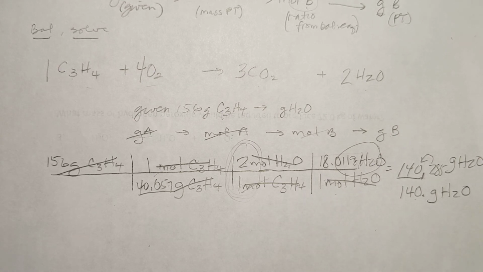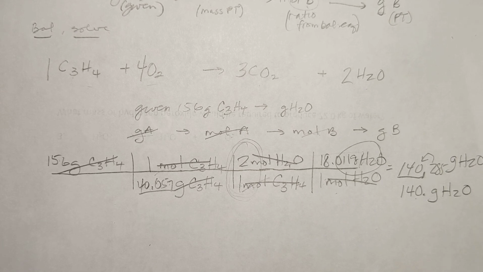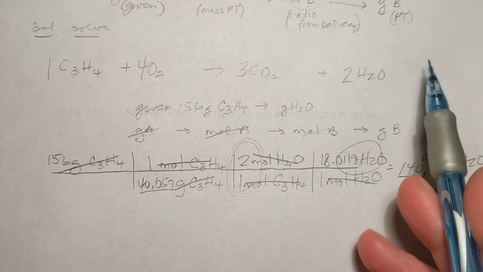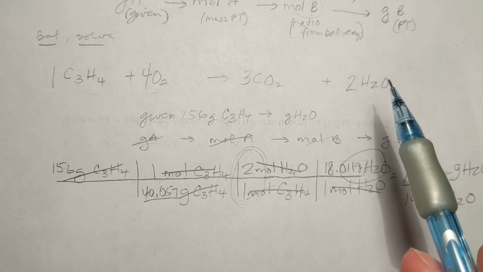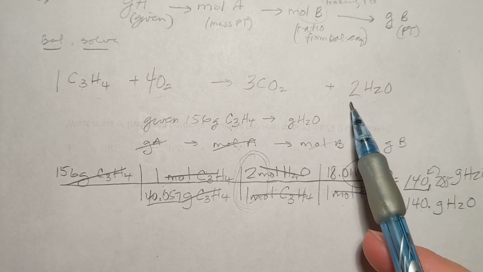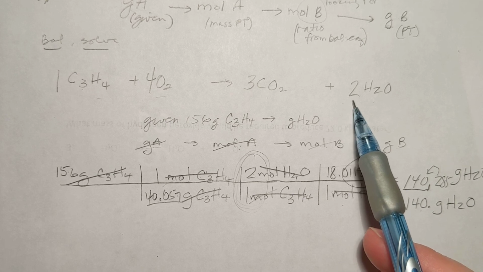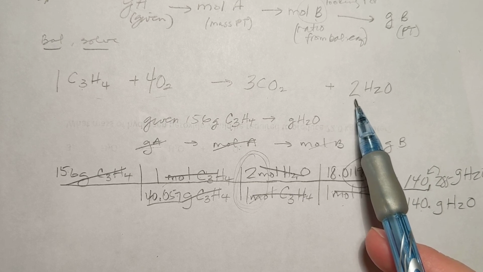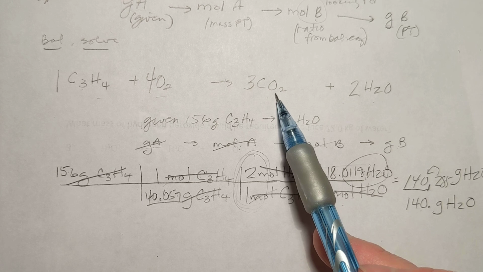So we could go back through and say, well, there might be problems that have the same equation, and what if we need you to make X number of grams of water, or X number of grams of carbon dioxide.